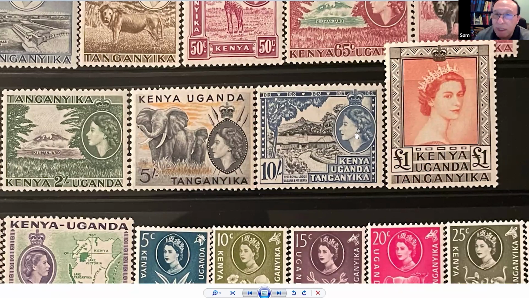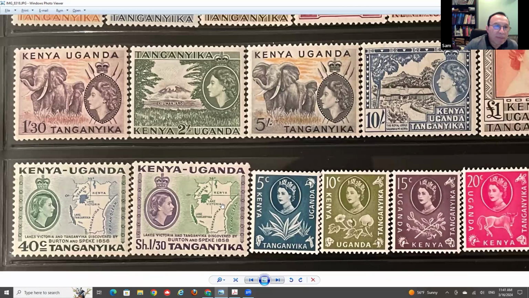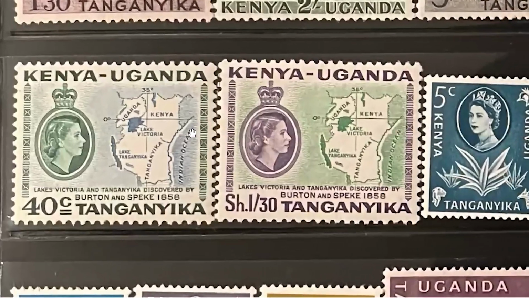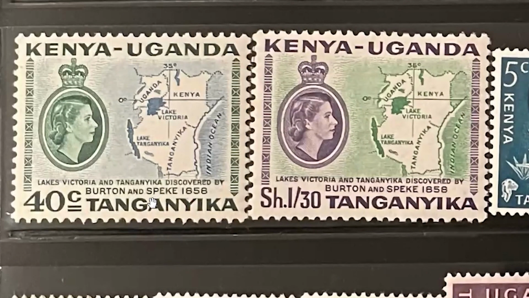This is the place where in 1952 Princess Elizabeth was told that her father had died and she needed to return to England. Then there is a £1 value. Now, these two stamps are celebrating the anniversary of the discovery of Tanzania and Lake Victoria by Burton and Speke.